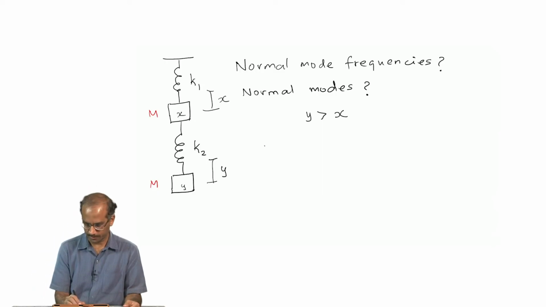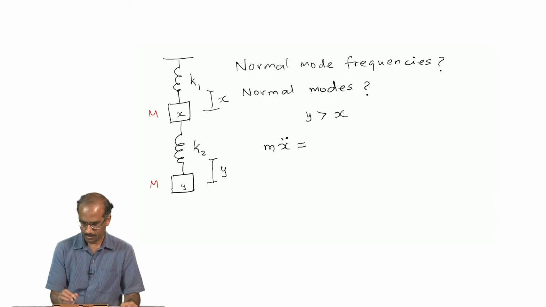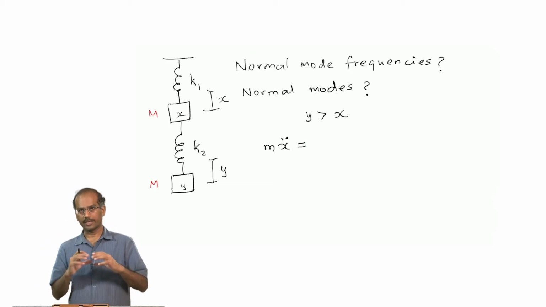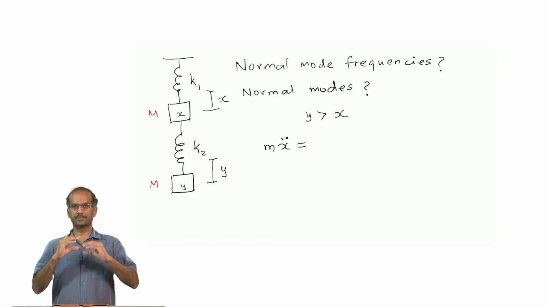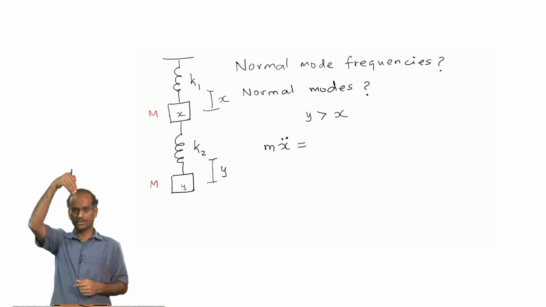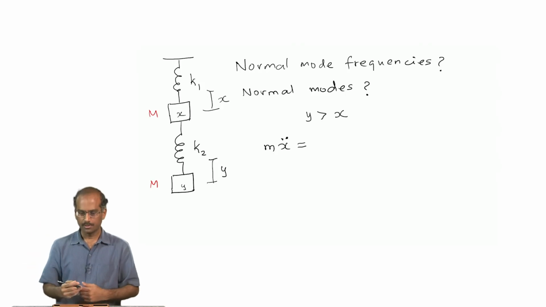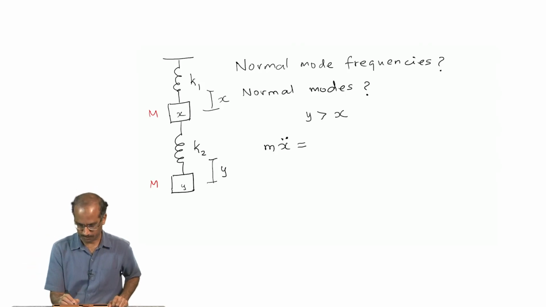Here is what would be the equations of motion: m x double dot would be equal to, as far as the x block is concerned, it is being pushed up by an amount x. So, the spring k1 has actually compressed, which means that it is going to push down the first block, which is opposite to the direction of motion. That would give me minus k1 into x.